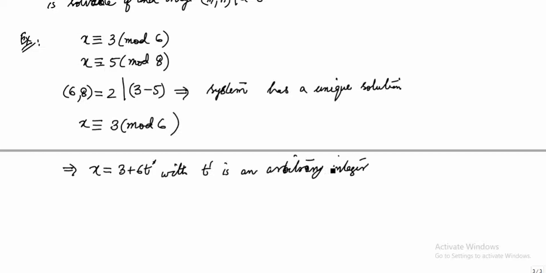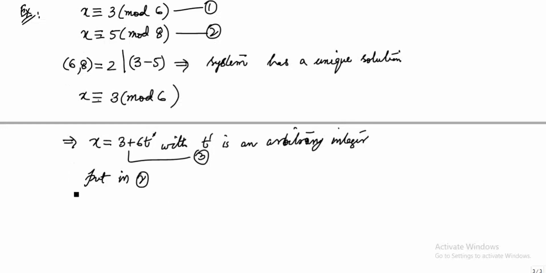For example, this is 1, this is 2, and you can call this 3. So because you found this from 1, put the value of x in 2.